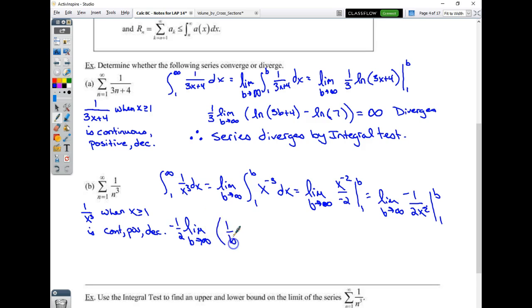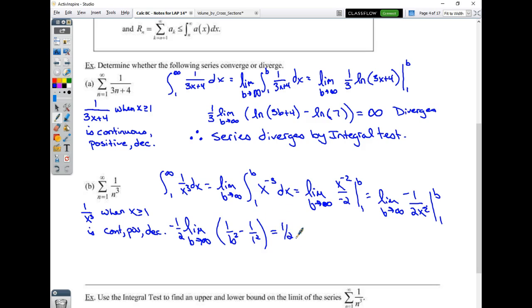So I'm finding the limit as b approaches infinity of 1 over b squared minus 1 over 1 squared. What do I get? Heard it. It is 1/2.